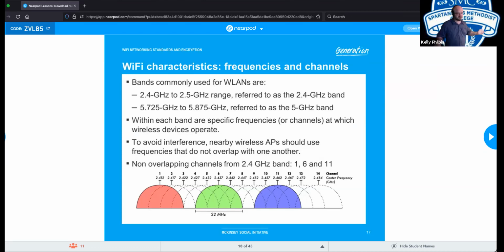If this was set up by Comcast or something like that, this would be considered an improper setup because you want to stick to 1, 6, and 11. If you stick to those, it doesn't matter how many nodes you have, you can figure out a way using one of those 3 channels to not have that overlap or crosstalk.